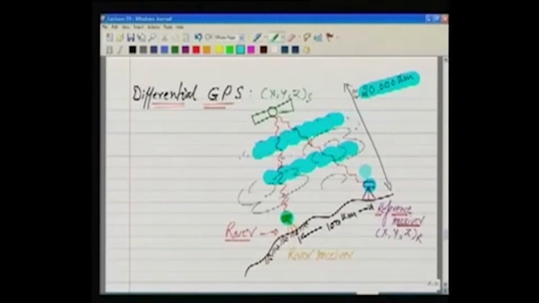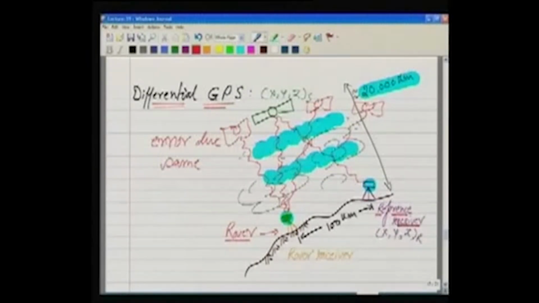So we can also consider that the errors due to the ionosphere and troposphere are the same. At the same time, we can also consider that both the receivers are making use of the same set of satellites. So the same satellites are also being observed by this receiver.